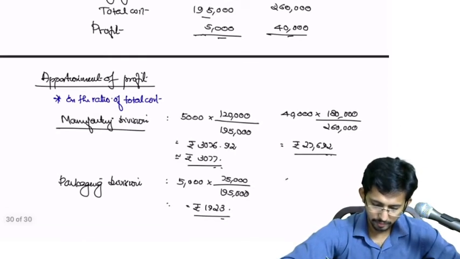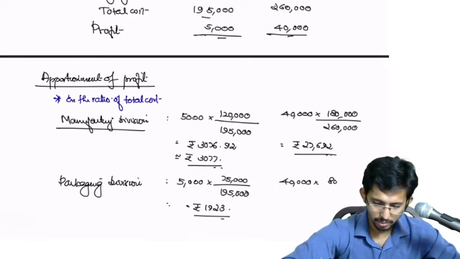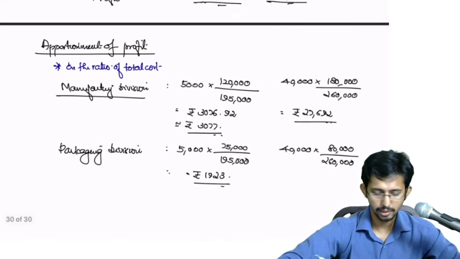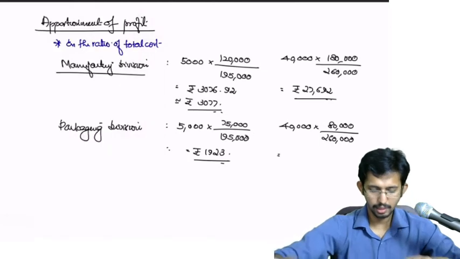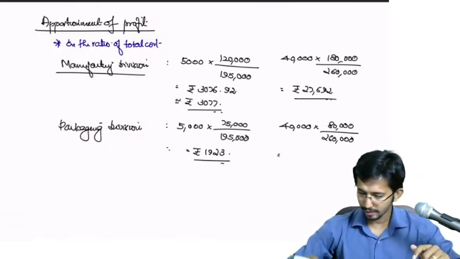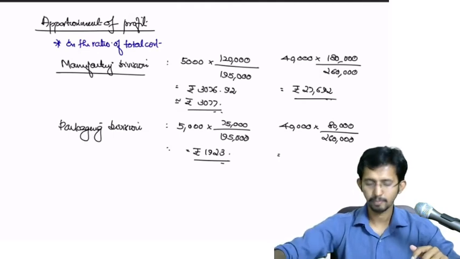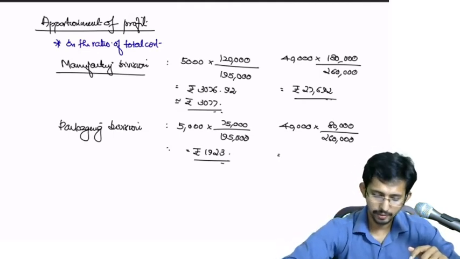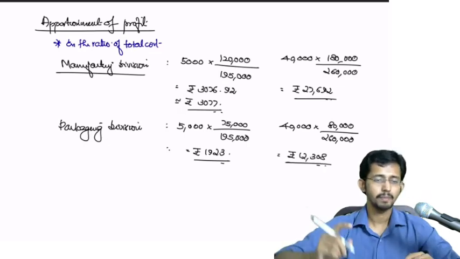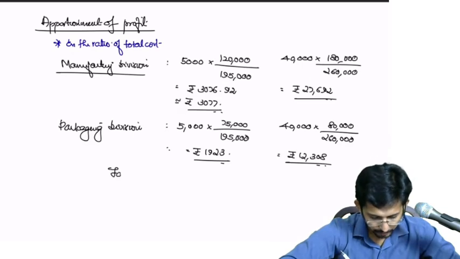And here 40,000 into 80,000 divided by 2,60,000, which is 40,000 into 80 divided by 260, that is 12,308. Okay, so total profit apportioned.